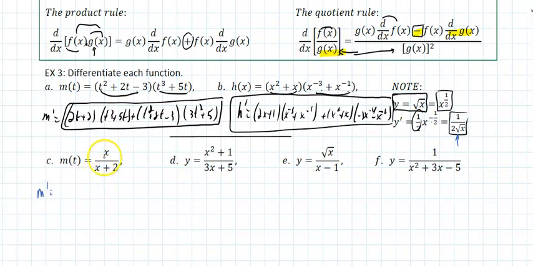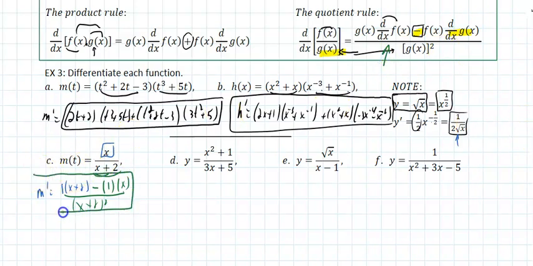Here, I notice I have the quotient rule. m prime is derivative of the top times the denominator. Now the minus must go in front of derivative of the denominator times the top. So derivative of the denominator is a 1 times the top all over the denominator squared. This is nothing more than me memorizing that rule. Now on an exam, that's all I want for now.